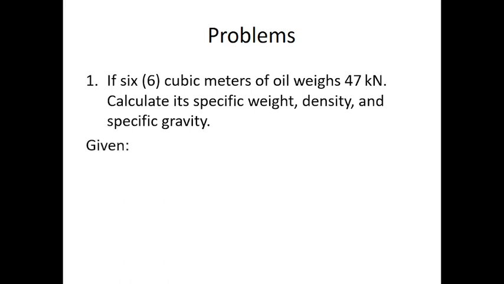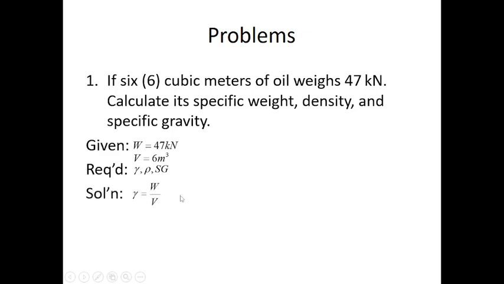We have the weight of 47 kilonewtons with a volume of 6 cubic meters. We are asked to calculate the specific weight, denoted by gamma, density denoted by rho, and specific gravity denoted by Sg.